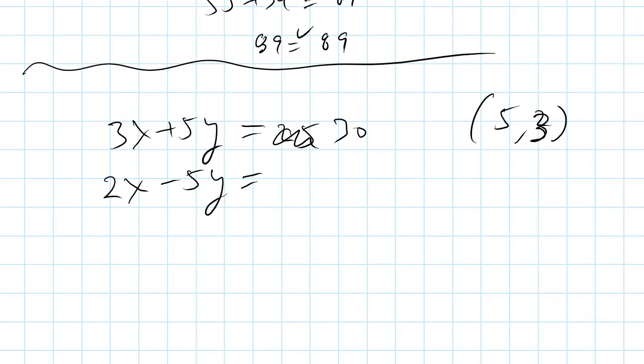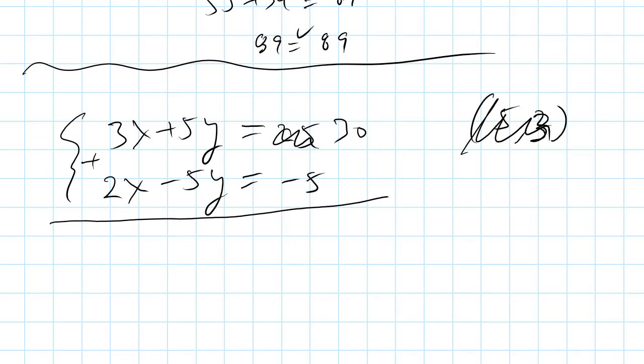And 10 minus 15 is negative 5. So now we say, I don't know that the solution is 5, 3, let's say. And I add them together. And it becomes a new equation, which happens to just be 5x equals 25. By chance, these two things happen to cancel out.